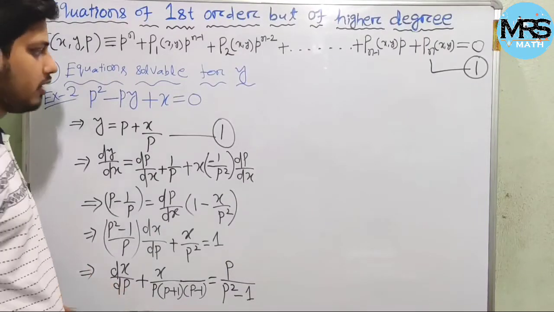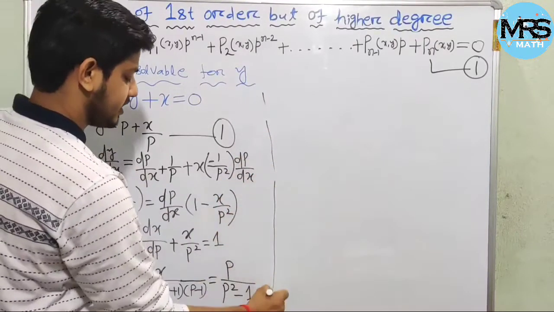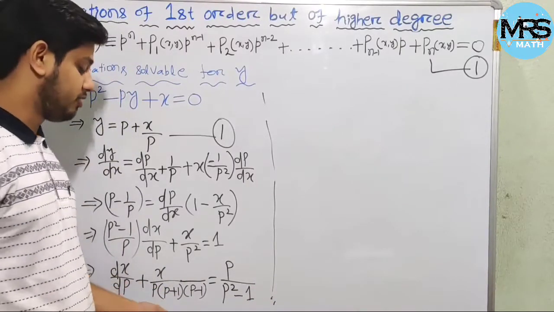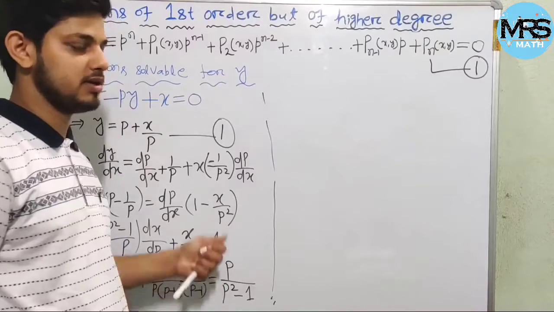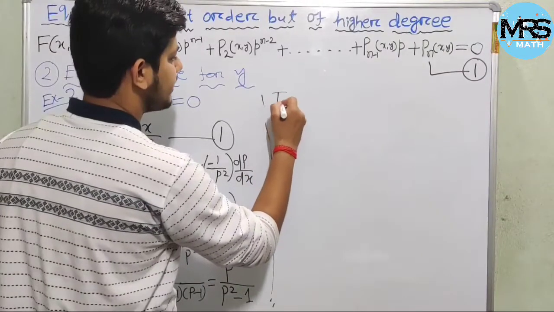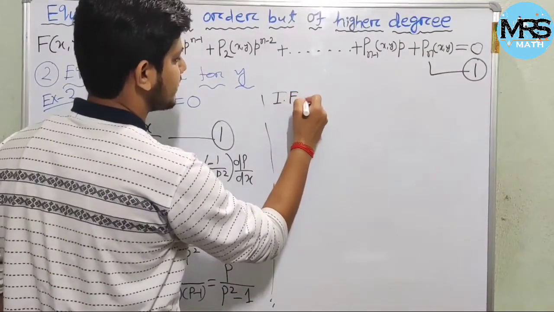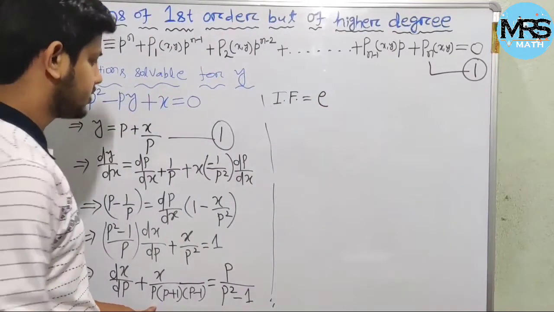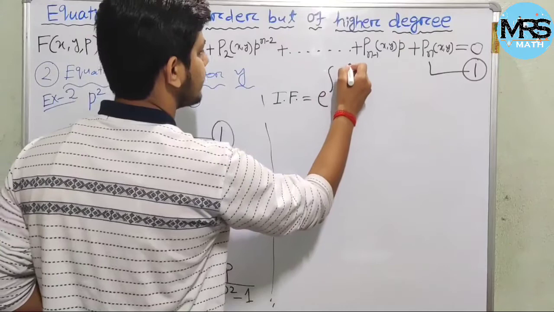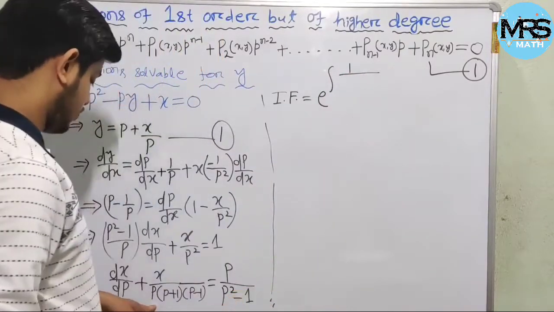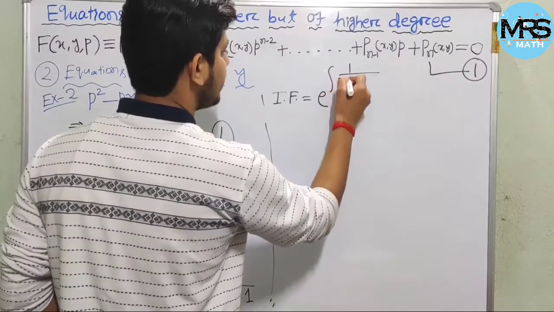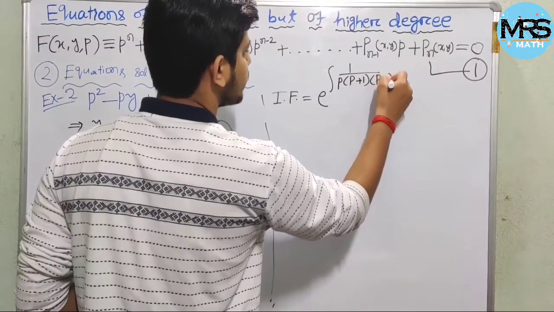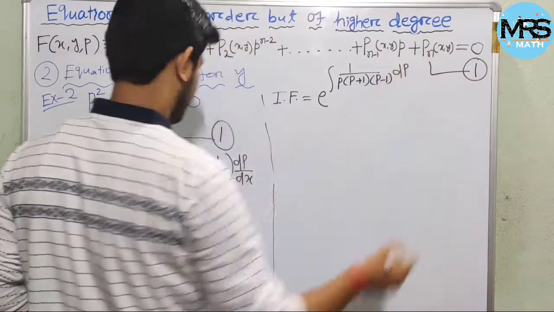Okay, so by finding the integrating factor and multiplying both the sides, after that if we do integration we can get the result. Our integrating factor in this case will be e to the power integration of 1 by p into (p plus 1) into (p minus 1) dp, right?